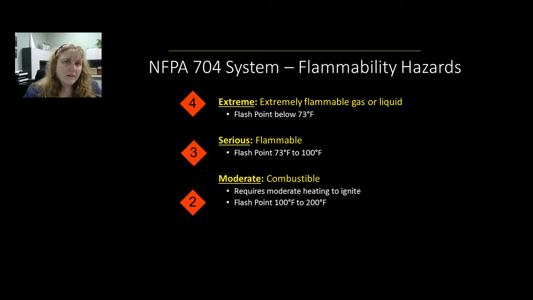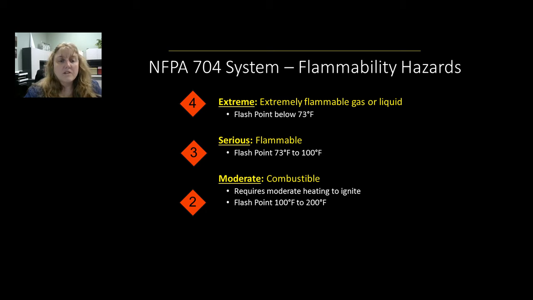Now the red indicates the flammability hazards. If you have a 4, it means it's extremely flammable and the flash point is below 73 degrees Fahrenheit. If it shows a 3, this is serious and flammable, and the flash point is somewhere between 73 to 100.